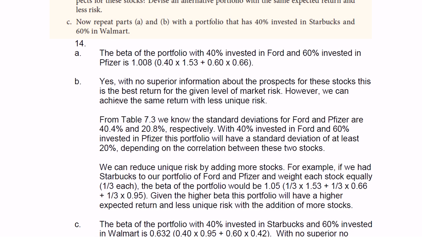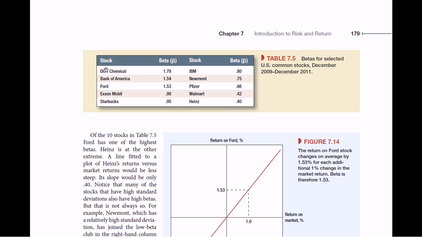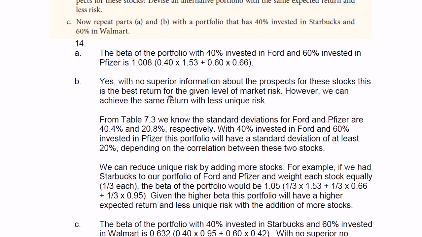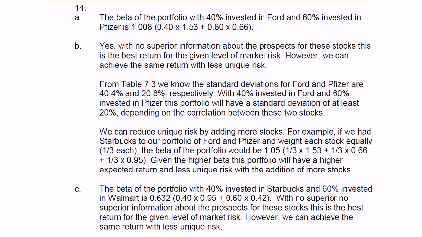The answer is yes, because we have so many stocks to choose from. With no superior information about the prospects for these stocks, this is the best return for the given level of market risk. However, we can achieve the same return with less unique risk. From table 7.3, we know the standard deviations for Ford and Pfizer are 40% and 20%.